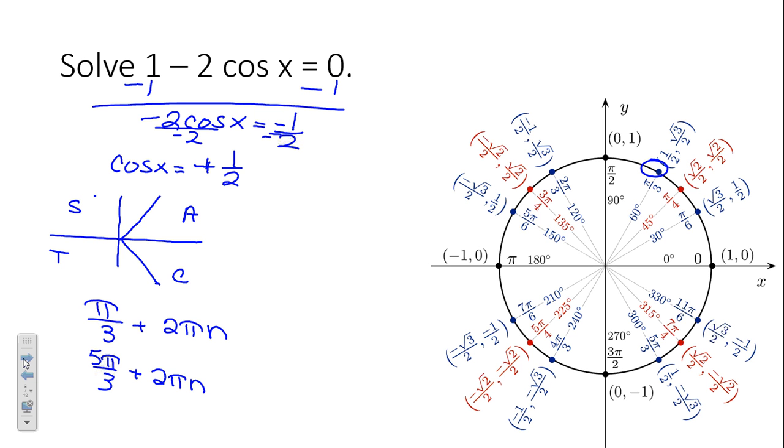There's my positive 1/2 at pi over 3. Okay, back to our unit circle. And where else was it positive 1/2? Over here at 5 pi over 3. So back to using that reference unit circle. Make sense? Haven't lost anybody. So we're reiterating and reviewing some of the stuff we learned last chapter.